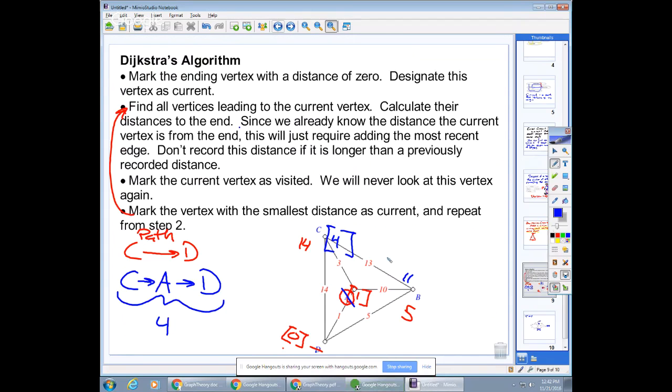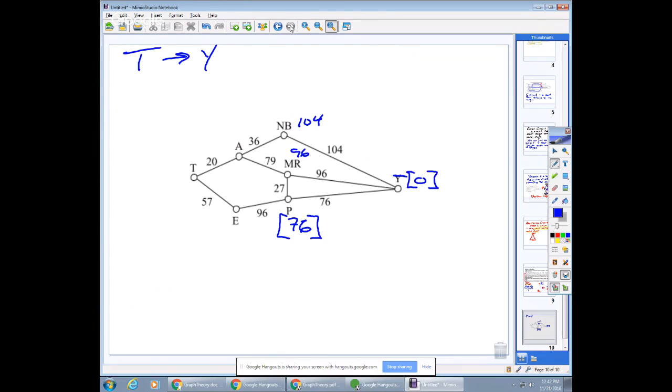We just calculated that 76 and 27 is 103, but I already have recorded a 96 for MR. So that means I don't bother writing down the 103 because it's longer than the 96. Okay. So then I move on to the next possible one. 76 plus 96 is what? 172?